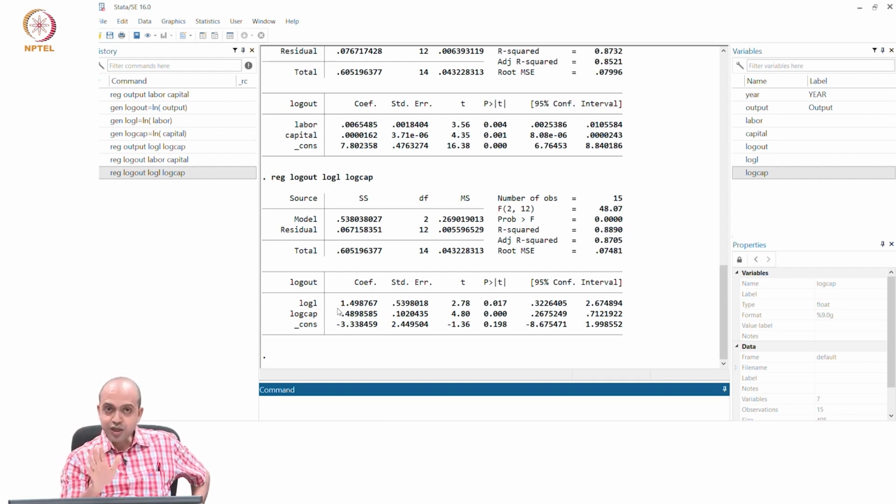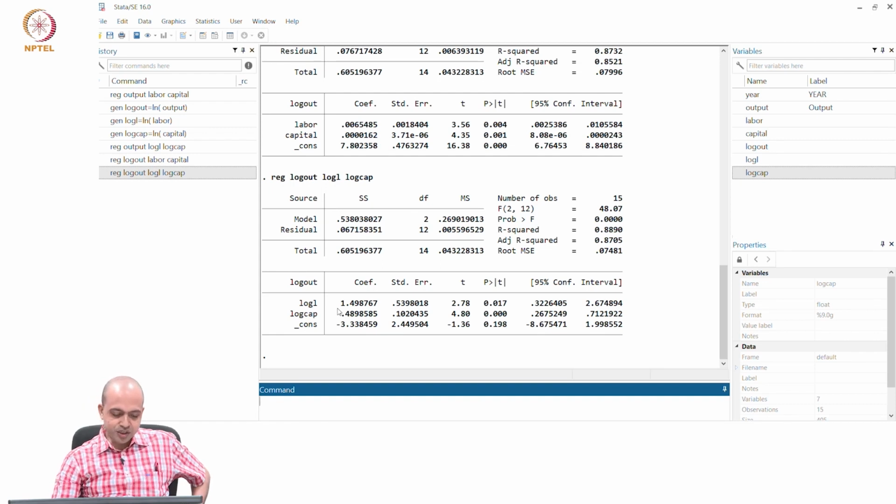The log model gives a direct elasticity measure. That means you do not have to do anything with this coefficient like in the previous models. In previous models, we were either multiplying beta by 100 or dividing beta by 100, but here is a case where beta hat gives you a direct elasticity measure, no need of doing anything to it.